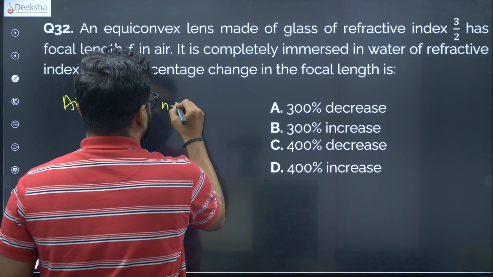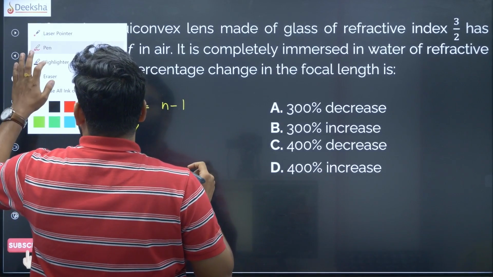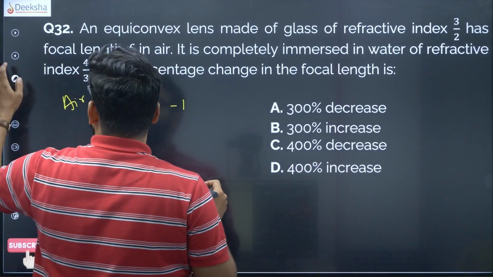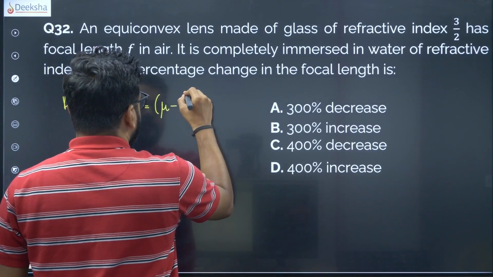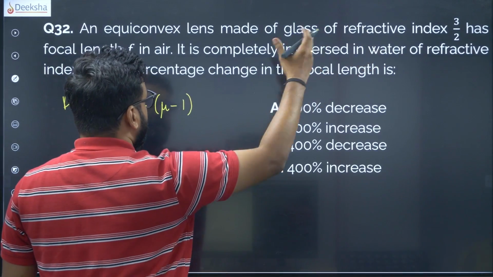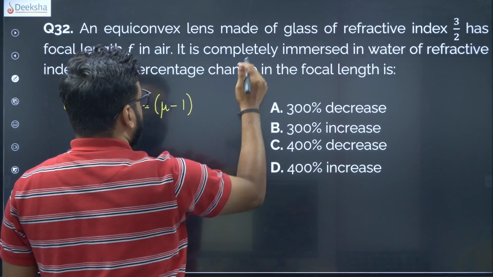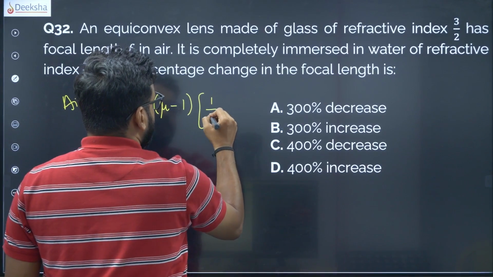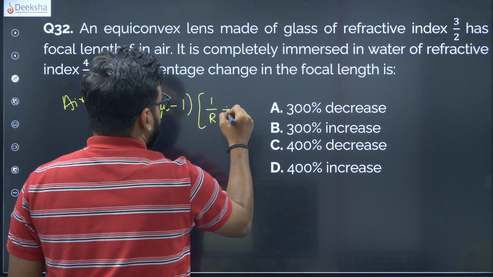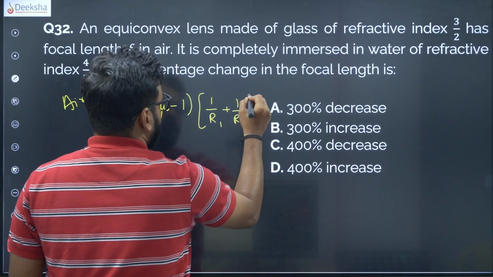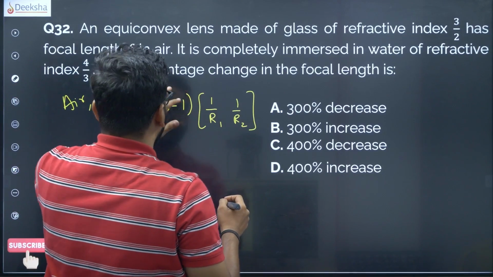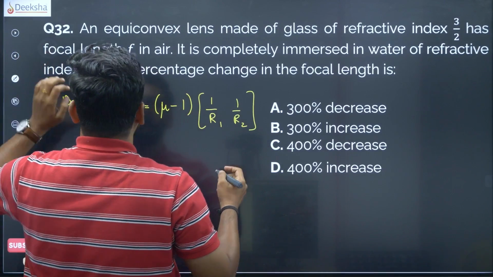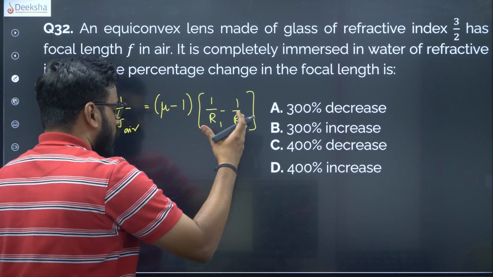So it is mu minus 1, of the material directly, 3/2 for glass, into 1 by r1 minus 1 by r2. Of course the sign convention will come into play, but that's not our issue.